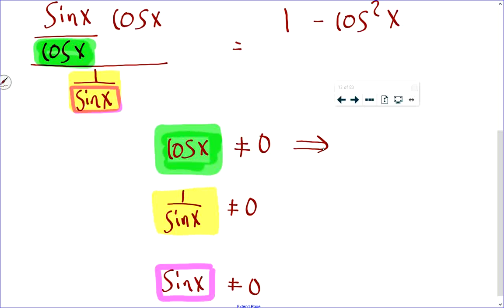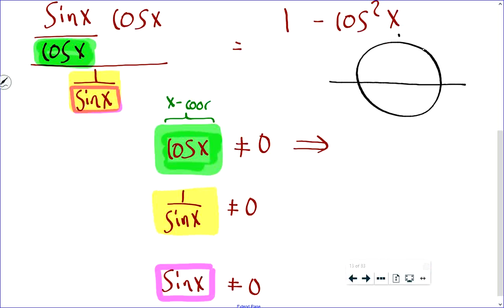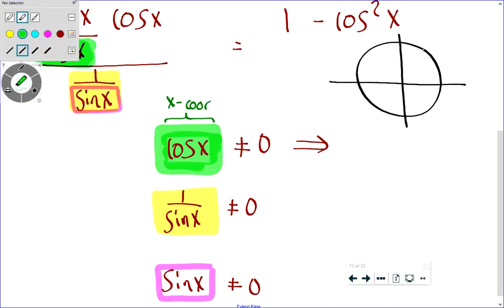Don't forget that cosine of x, the whole thing is the x coordinate on the unit circle. So where on the unit circle is cosine 0? It's 0 here at the top, where x is 0, and at the bottom where x is 0.